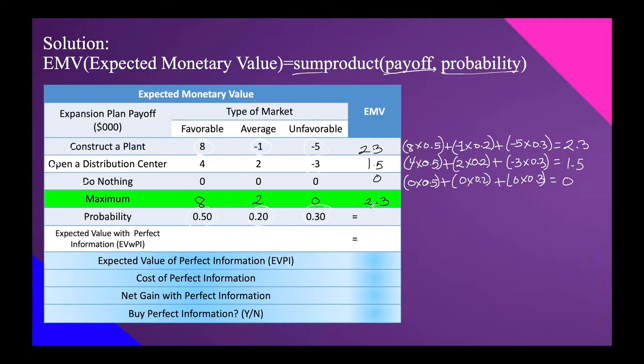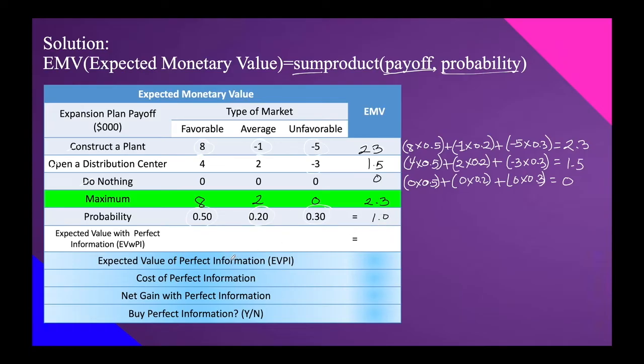Now, anong purpose niyang maximum na yan. As you can see, we have the probability and also we have the EVWPI. Diyan po natin magagamit si maximum mamaya. Pero for now, let's sum this up. Probability, of course, ang total nito is exactly 1.